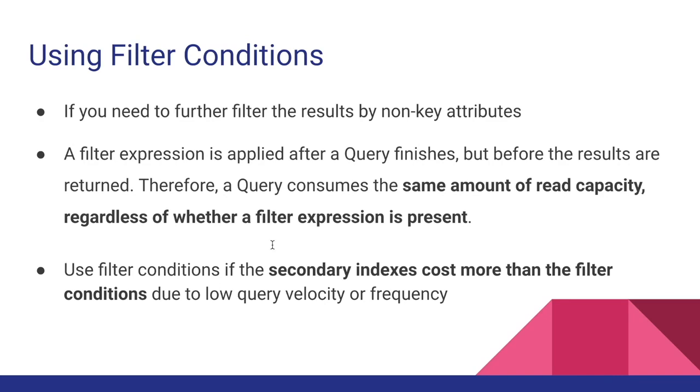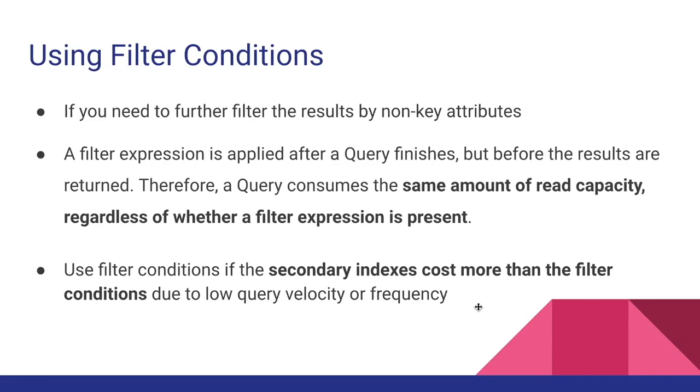And there's another use case for using a filter condition. If the secondary index costs more than the filter condition, which could be due to low query velocity or frequency, then you can again use the filter condition. Here the reason is that if you define a GSI, then you have to allocate RCU and WCU capacity for that GSI, right? And if that GSI is not frequently used, then you are spending money on that.